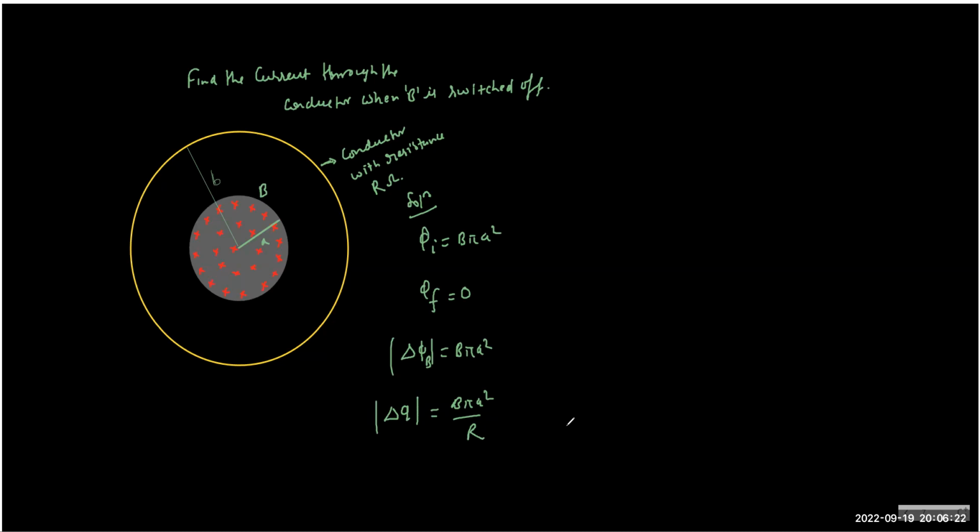Okay, so now we can go to the next concept. Most of the questions in which we vary the area to get the flux change can be derived easily using the concept of motional EMF.